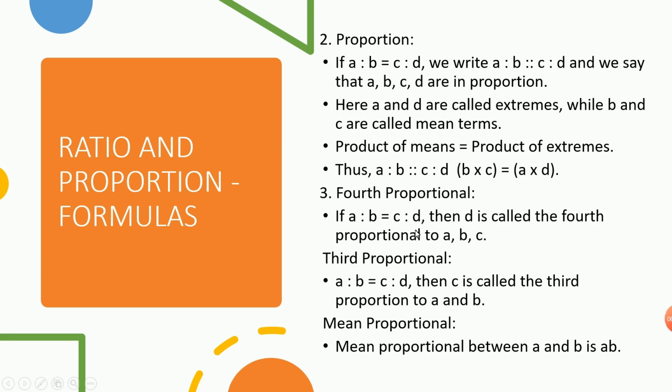Please note that D is the fourth proportional to these three values, A, B, C. Whereas the third proportional could be only for A and B, not D, because the value C is the third one, not D. And mean proportional would be only for A and B. When asked for fourth or third, you have to directly calculate what is being asked.